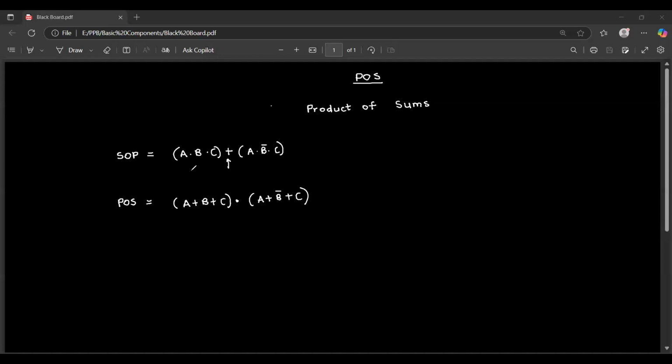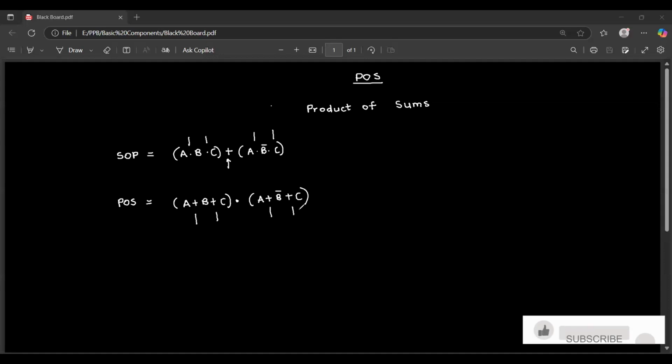Here we had the AND gates as products of signals, and then they were connected using OR gates. But here we have the OR gates inside the parenthesis, and these sums are connected by using AND gates. So this is an example of a POS expression.